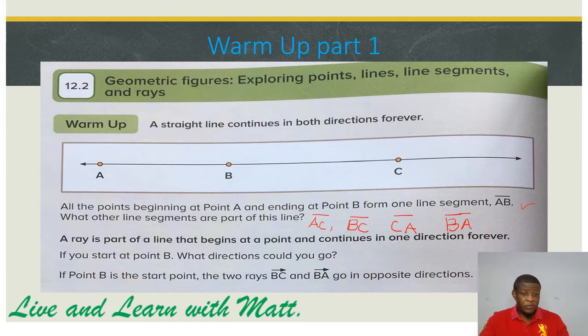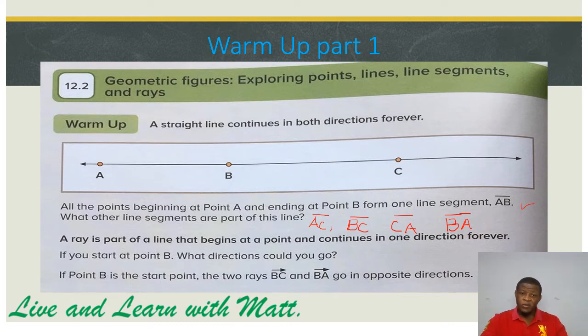Now, a ray is a part of a line that begins at a point and continues in one direction forever. So if you start at point B, what direction could you go? If point B is the starting point, the two rays BC and BA go in opposite directions.